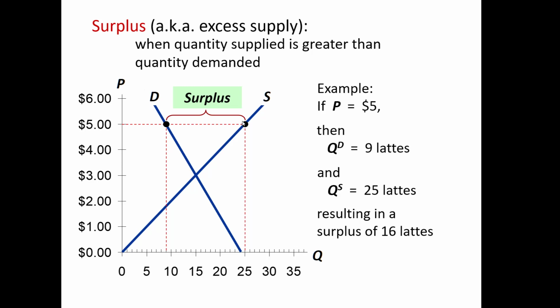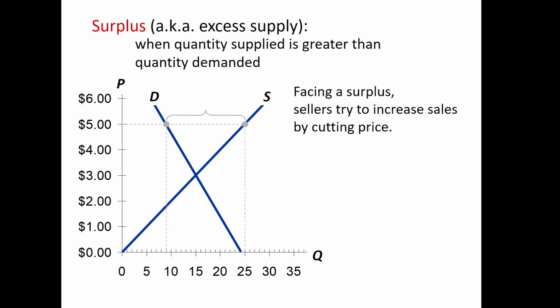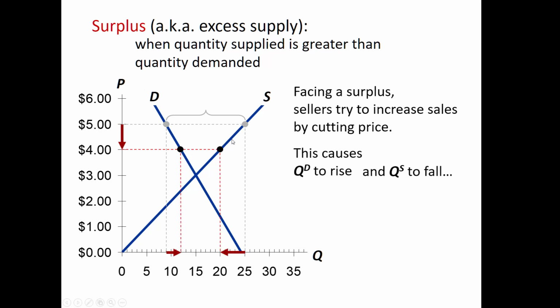You do 2 things. First of all, you reduce the price, trying to get rid of the surplus. And since you are producing so much more than you're selling, you also reduce the quantity. So instead of 25, you produce 20. And because you reduce the price, instead of selling only 10, you are selling here 12, for instance.